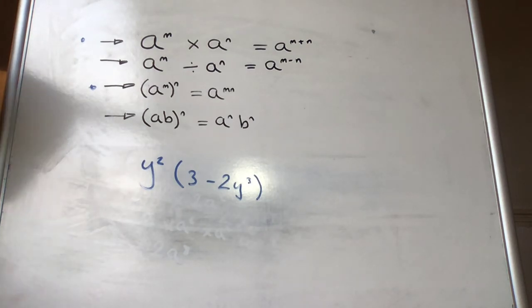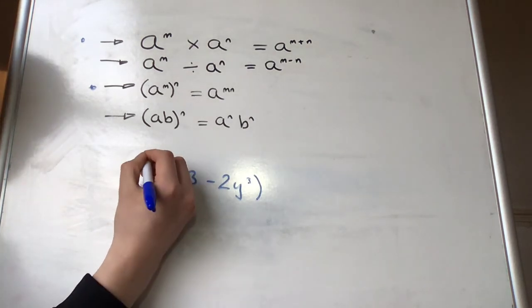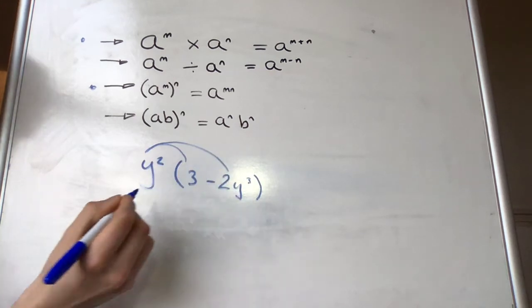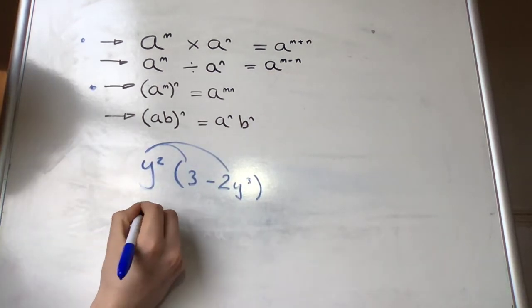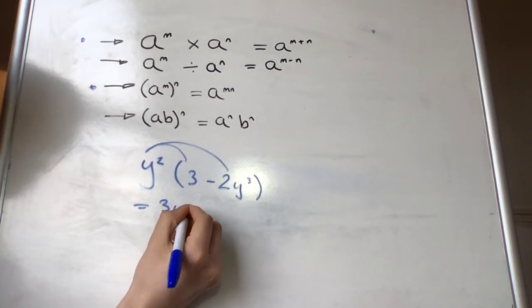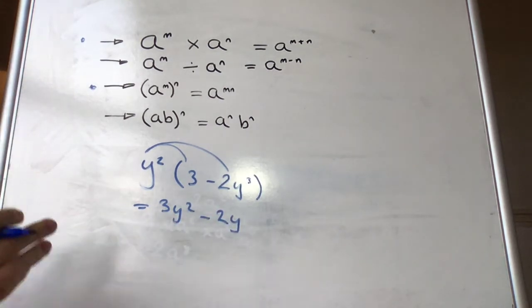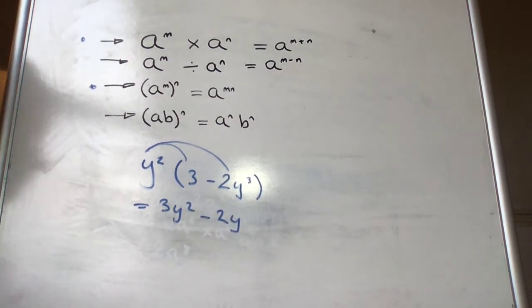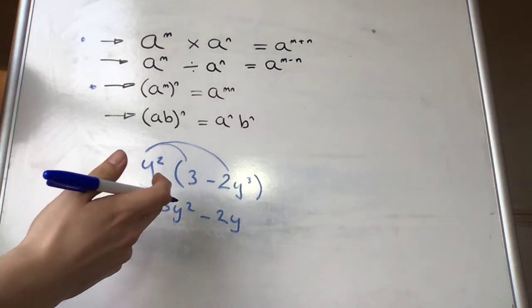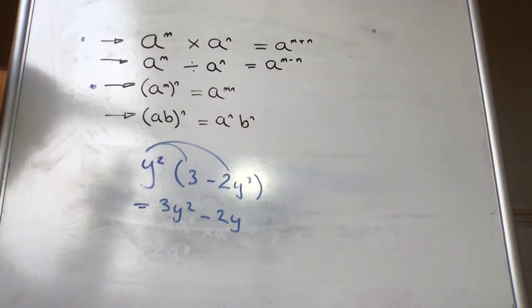Let's expand the brackets first. To expand the brackets, we want to multiply the inside and the outside here. So that will give us 3y squared minus 2y cubed times y squared. Obviously the first part gives us 3y squared, because 3 times y squared is 3y squared.